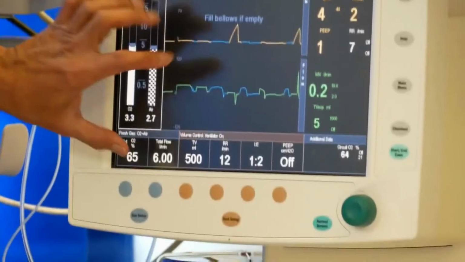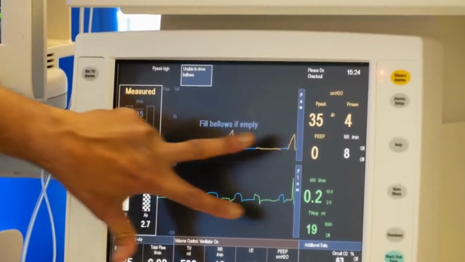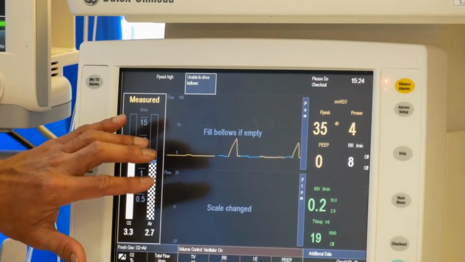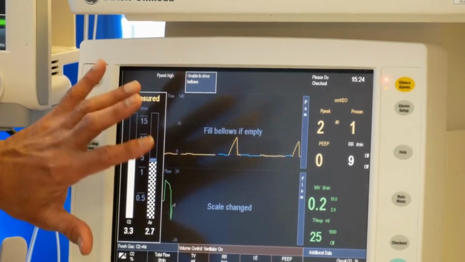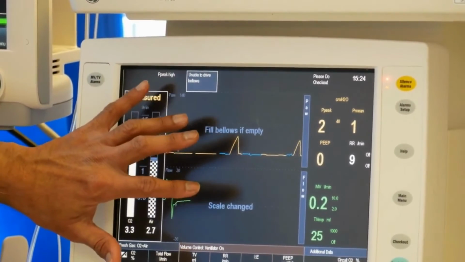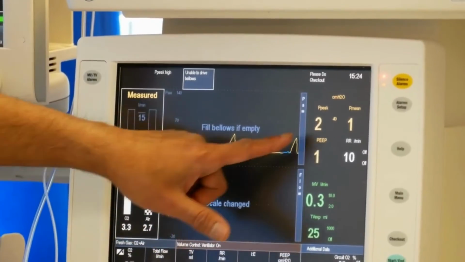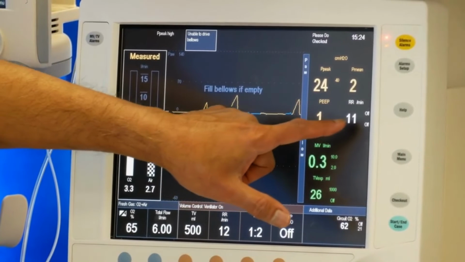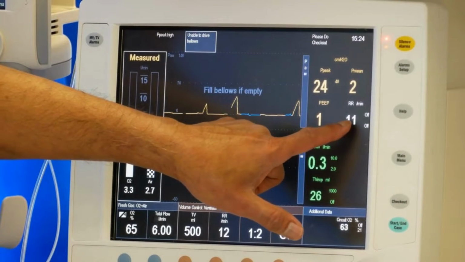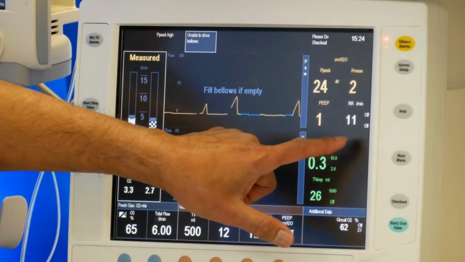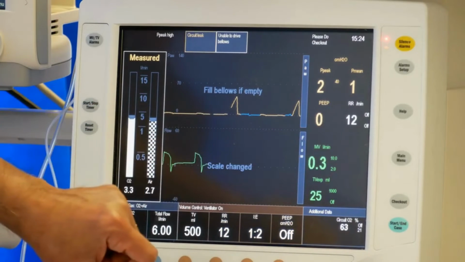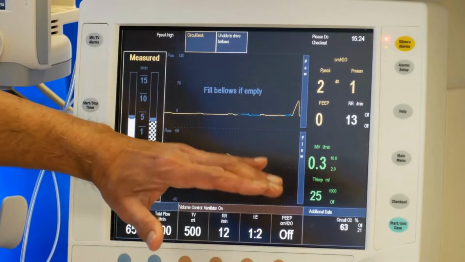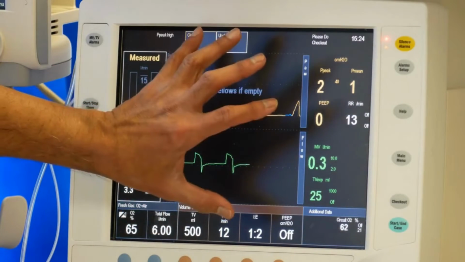There are two waves running along. You don't have to know exactly what they are saying, the numbers. What is important is this column here. This number gives you the respiratory rate of the patient who has been set up, and I won't say more than that on these settings.